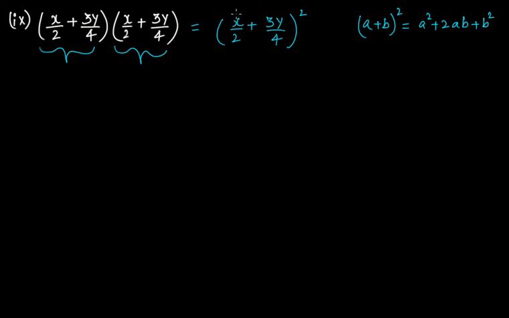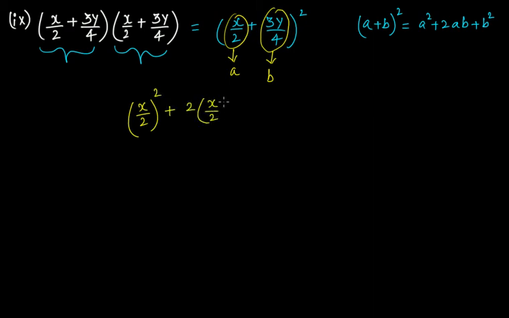And here this becomes a and this becomes b. So a squared means x by 2 whole squared, plus 2 multiplied by a, x by 2, multiplied by b, 3y by 4, and then you have 3y by 4 whole squared.